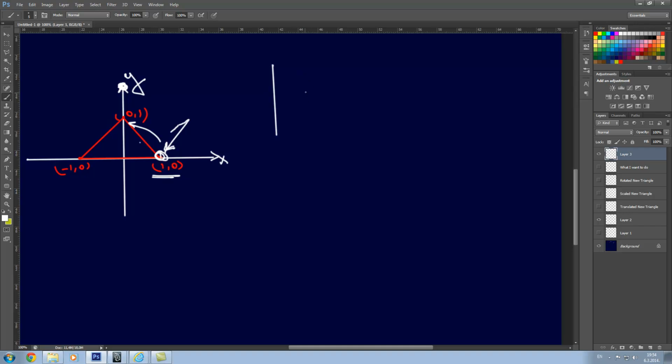So our transformation here for rotation was cosine of 90 degrees, minus sine of 90 degrees, and here sine of 90 degrees, and here cosine of 90 degrees.